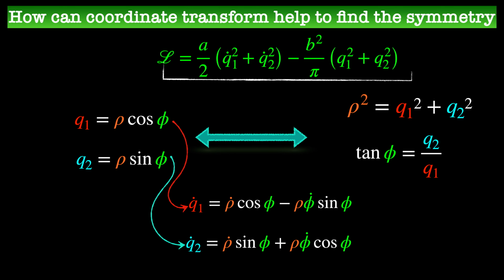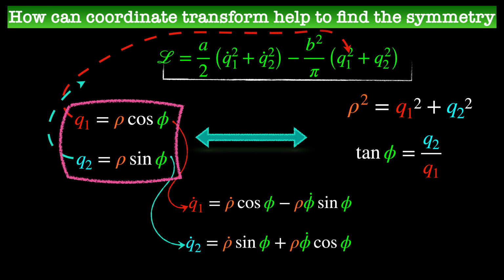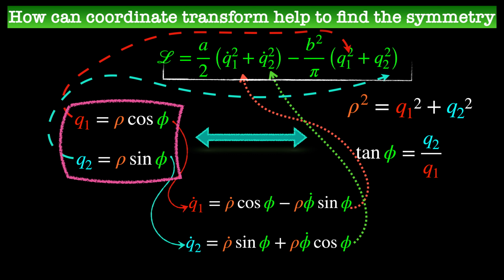Okay, so just look at the Lagrangian and the coordinate transformation, you can see this one, q1 and q2. So put the values of q1 and q2 in the Lagrangian. If you put that, the second term will take the values of q1 and q2, whereas the first term, q1 dot and q2 dot, will take the values from the last equations. Now again come to the point.